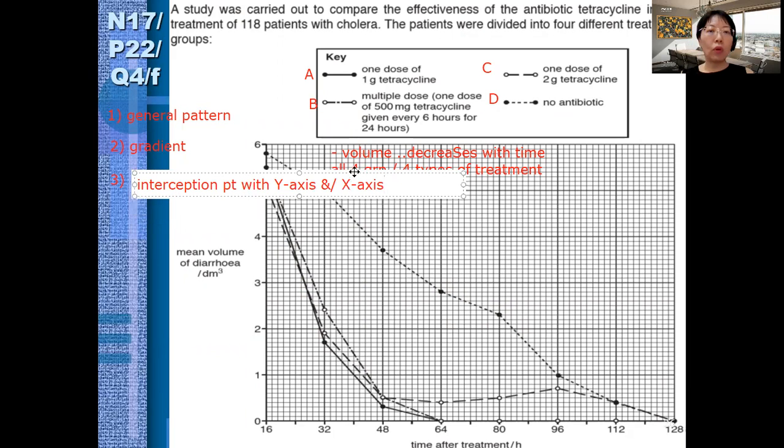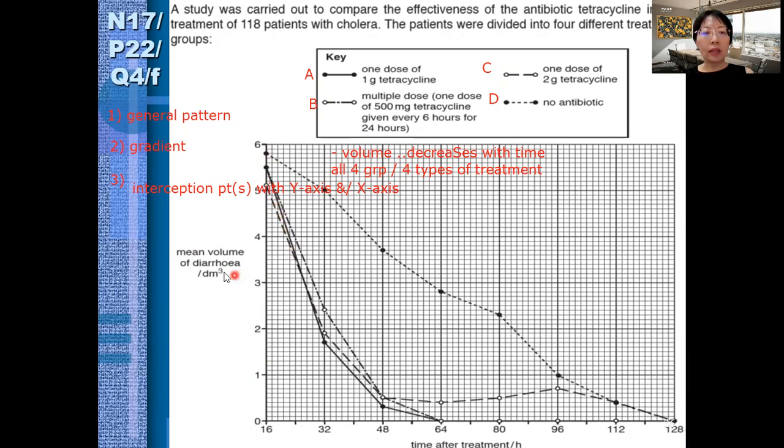If it's not relevant, you don't have to mention. So interception points with the y-axis and x-axis: you see here, this is the interception point at the y-axis. That means the mean volume of diarrhea at the time of treatment is 16 hours after treatment. If it's important, you can say. If it's not important, no need to say.